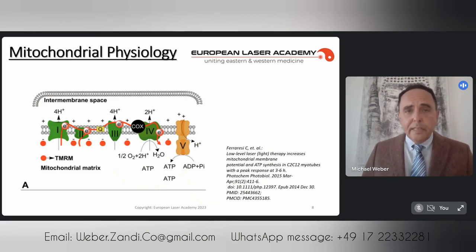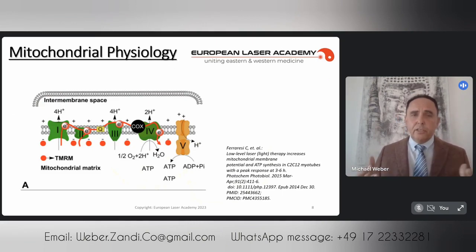What are the main targets for photomedicine? When we talk about stem cells and exosomes, we have to recall this basic information, because it explains why the combination of stem cells, exosomes, and laser is so powerful. One of the main targets for photomedicine are the powerhouses of our cells, the mitochondria. On the inner mitochondrial membrane, almost all our energy is produced.